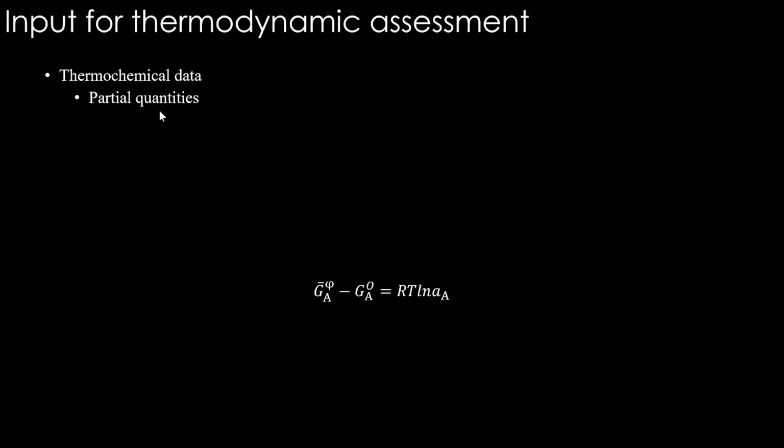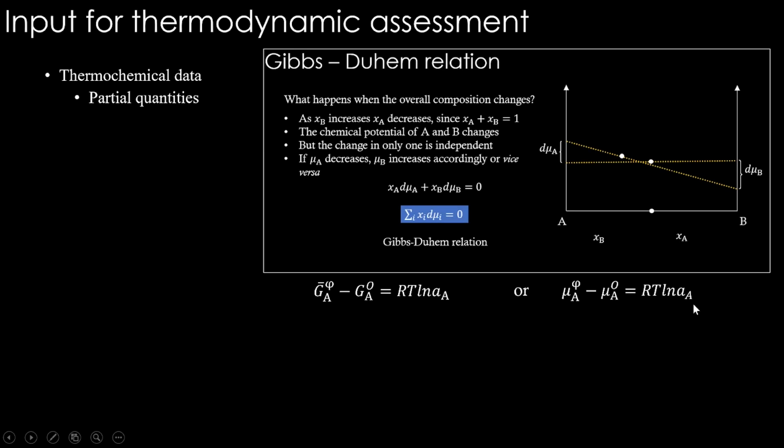Okay, let's say if it is an AB system, we got this G bar of A from the activity of A. What about the activity of B? This can be written like this: chemical potential of A. If you recall the Gibbs-Duhem equation, there we said the chemical potentials are related like this.